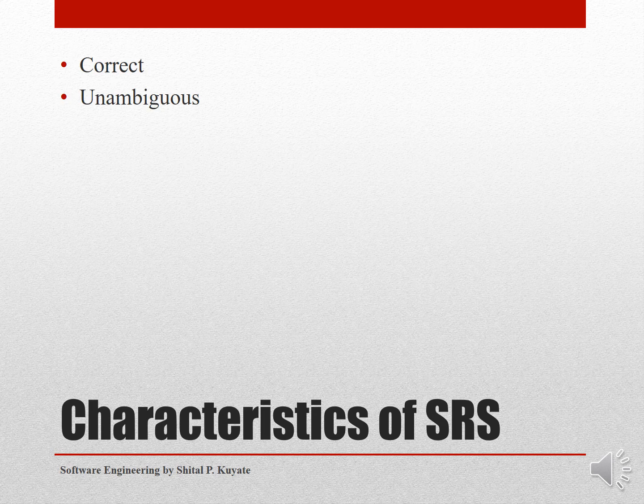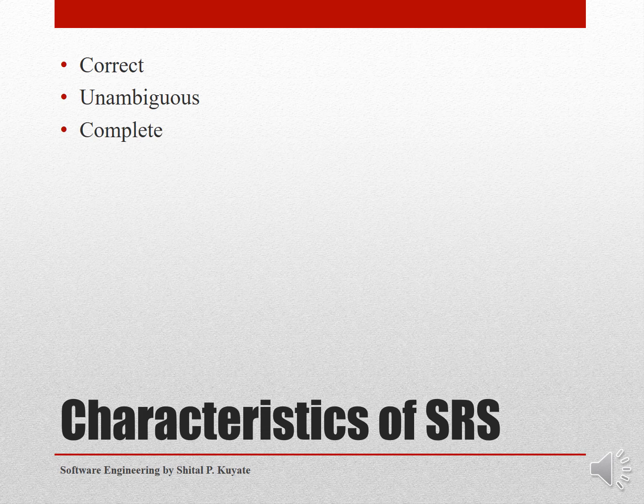Then the second one, that is unambiguous. SRS is unambiguous when every stated requirement has only one interpretation. This implies that each requirement is uniquely interpreted. In case there is a term used with multiple meanings, the requirement document should specify the meaning in the SRS so that it is clear and easy to understand.